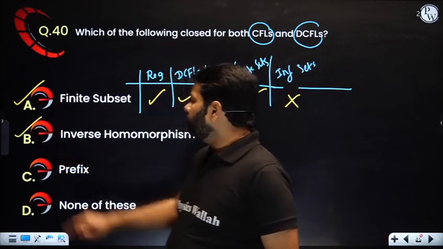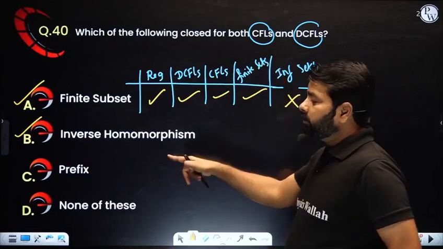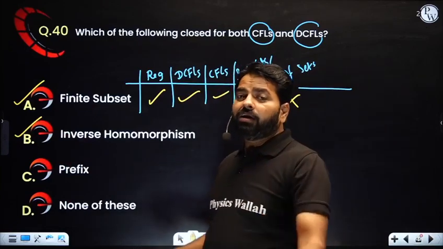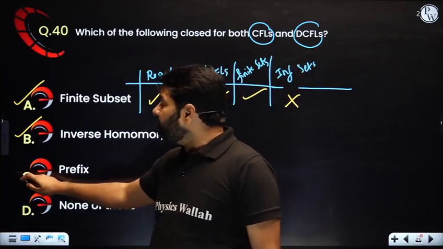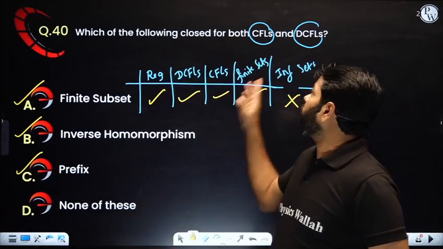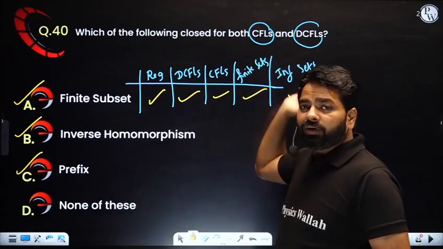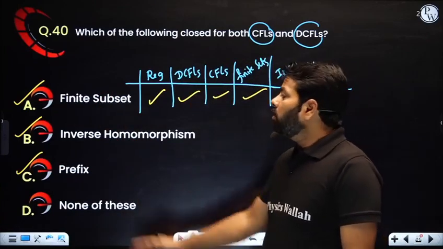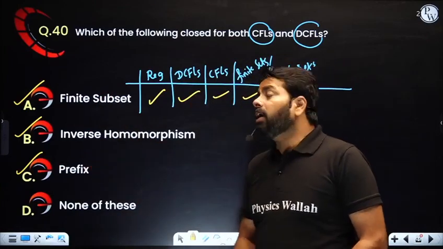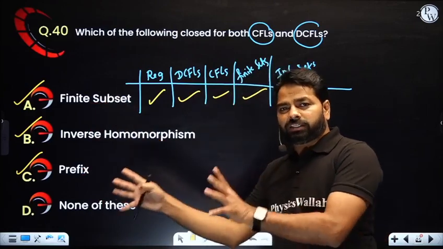And prefix is closed for DCFL, and we already know it's closed for CFL, and it is closed for regular too. But suffix, if I ask, is not closed for DCFL. Suffix and substring will not be, but prefix is closed for DCFL. These three are closed for CFLs, DCFLs and regular languages. But for finite languages and infinite languages, you need to do extra work.